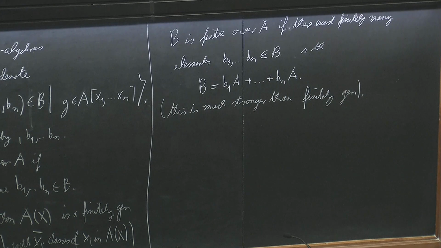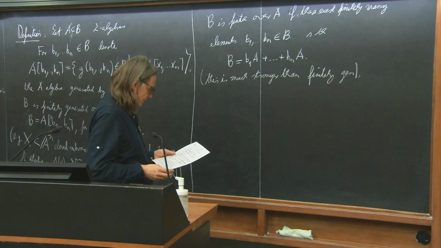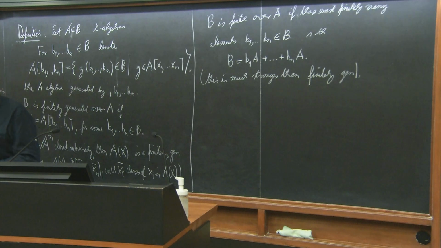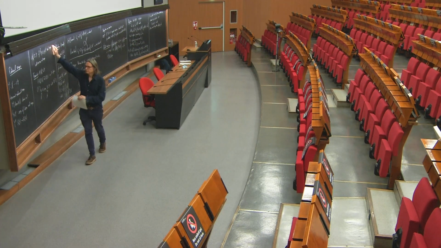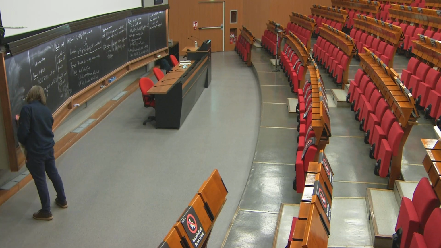So now this is related to the concept of modules over a ring, which are the analogs of vector spaces over a field. So let me therefore briefly introduce these modules and translate what we have into this language.